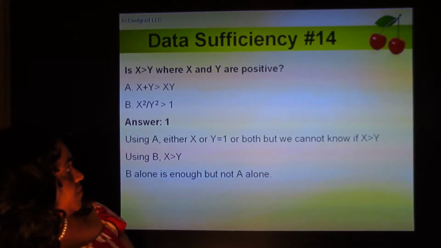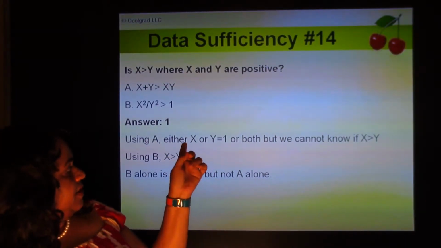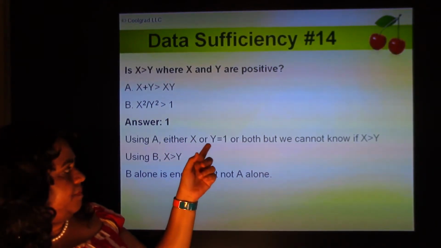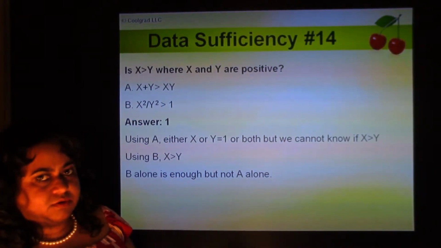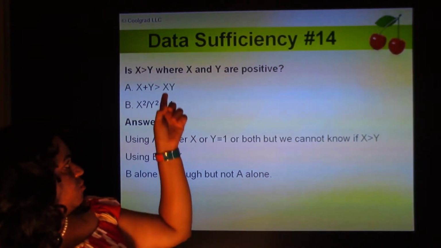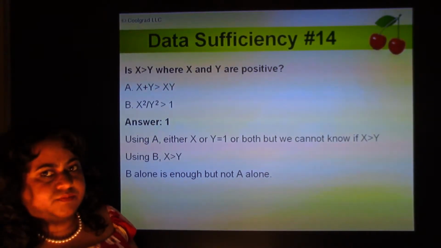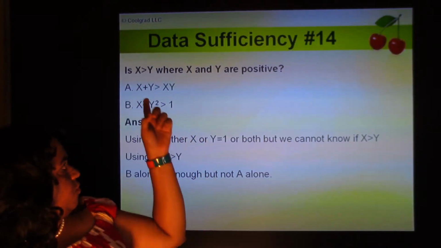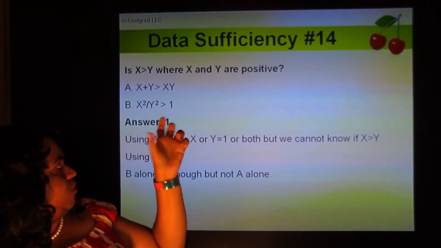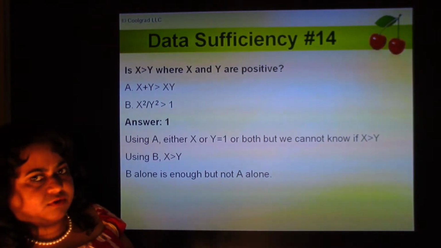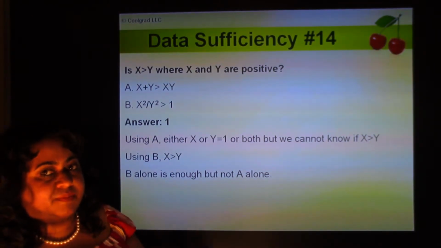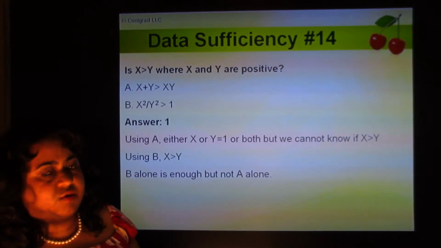So x or y can be 1, or it has to be a number between 0 and 1. Okay, so that much we can infer using statement A. But we still don't know which number is between 0 and 1 and which is the other number. So either of them can be between 0 and 1, and the other number can be anything positive. So we still don't know.